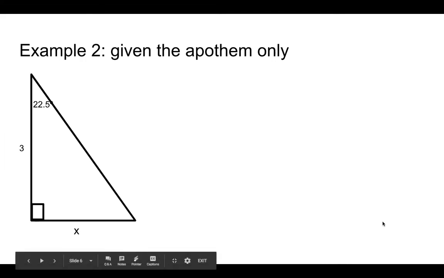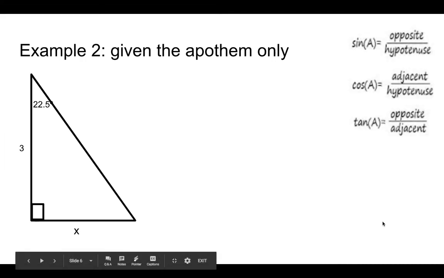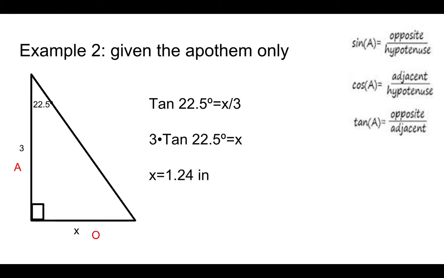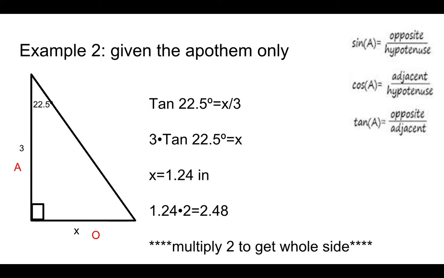We look again at our trig ratios. We have an opposite and adjacent again, so we're going to use tangent. Tangent 22.5 equals x over 3. So 3 times tangent 22.5 equals x, and x equals 1.24. That is half of our side, so we multiply it by 2 to get 2.48, the whole side of our polygon.